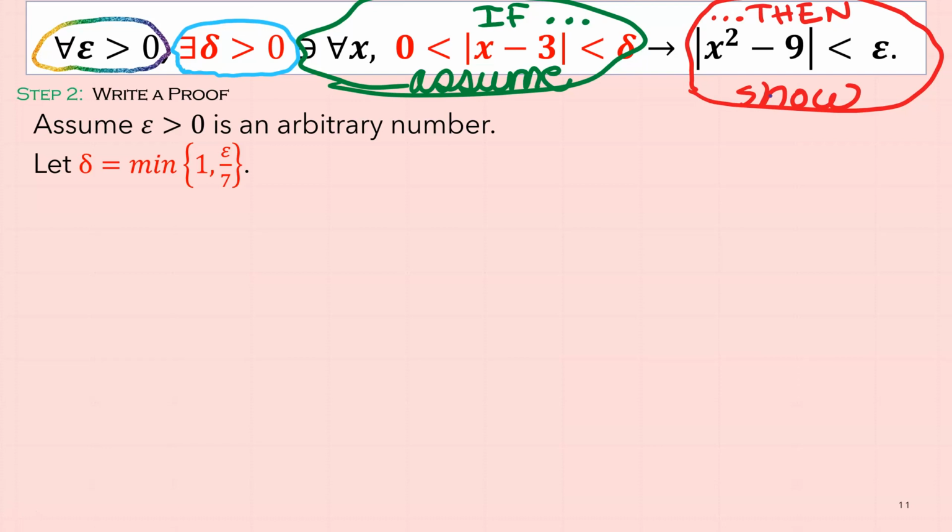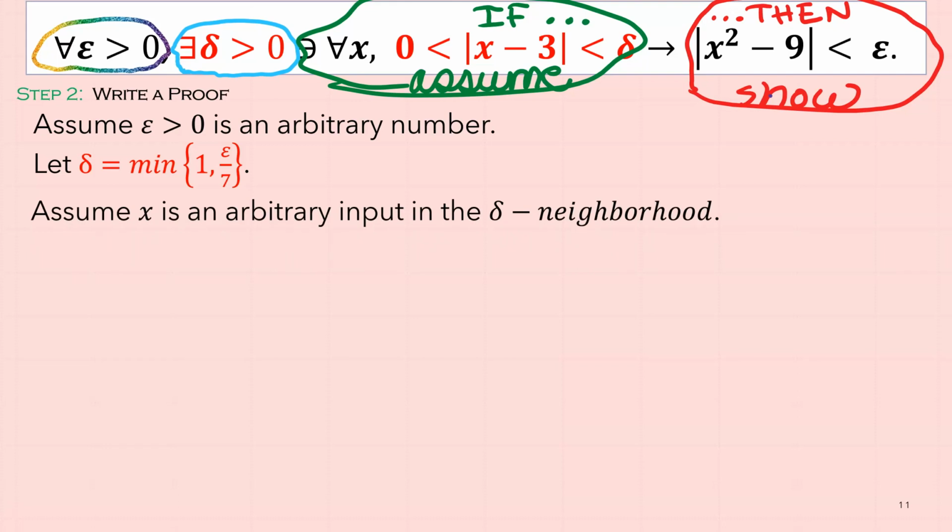So next in writing the proof, we would say, let x be an arbitrary input in that delta neighborhood. And that means that the absolute value of x minus 3 is less than delta, and also less than 1, right? Remember, because delta is the minimum of those two values.